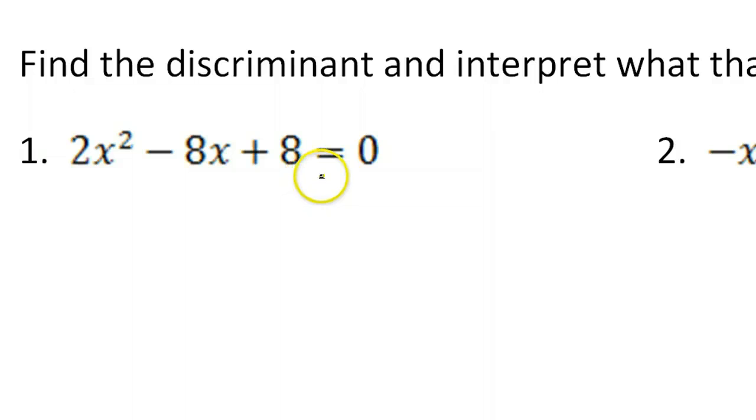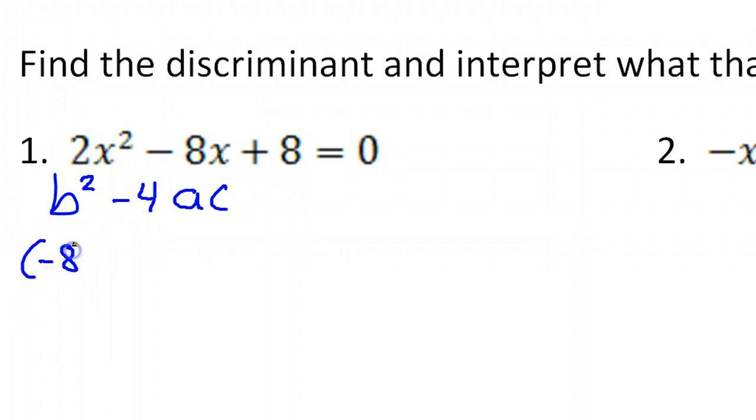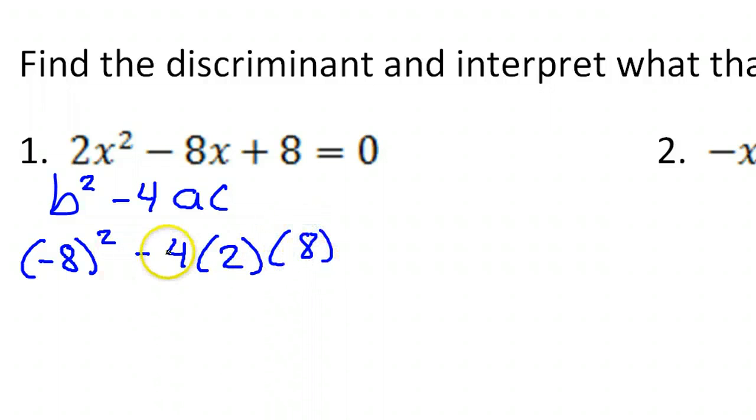Okay, so we need to find the discriminant. You know that that's going to be b squared minus 4ac. So that's going to be negative 8 squared minus 4 times 2 times 8, because a is 2, b is negative 8, and c is positive 8.